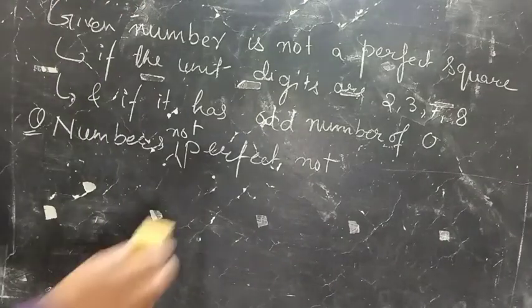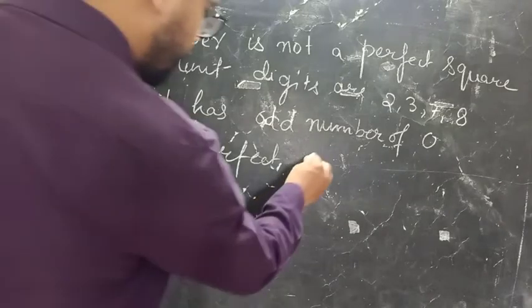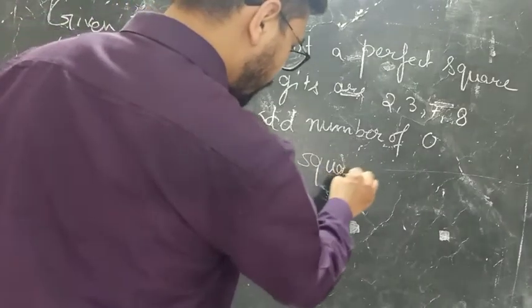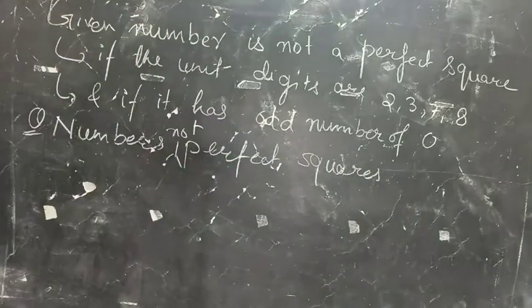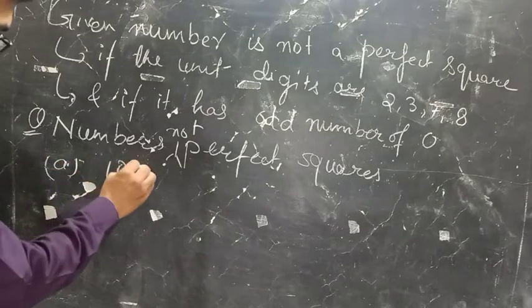I am giving you some examples here. These are not perfect squares, and what is the reason behind this? First option is 1057.